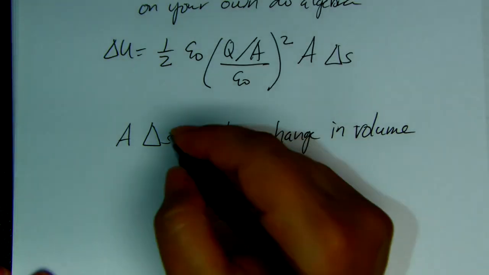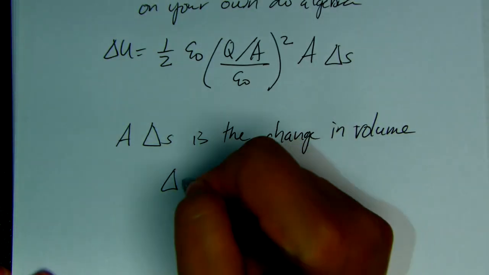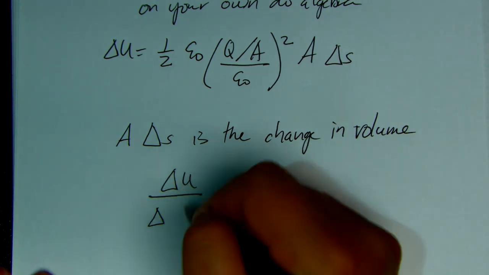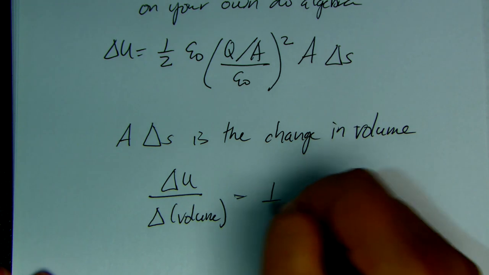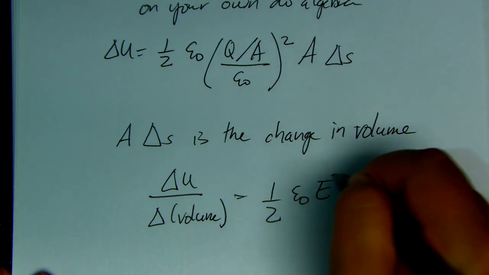So what we have here is that delta U over the change in volume is equal to 1/2 epsilon naught E squared.